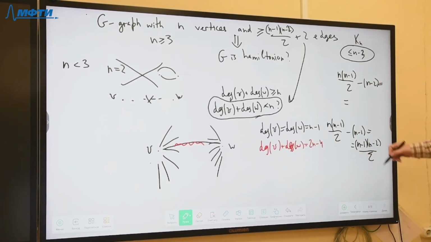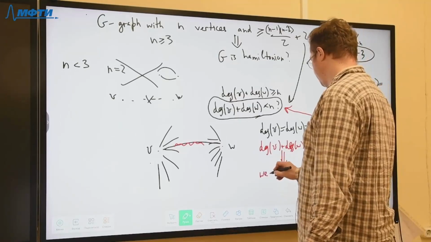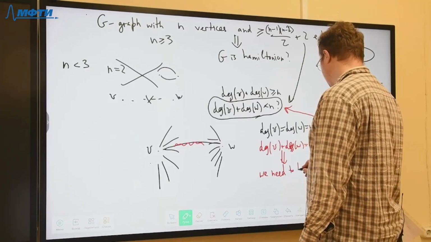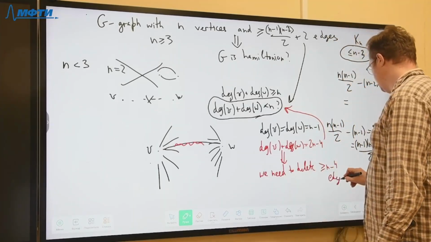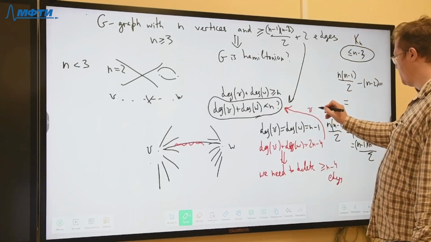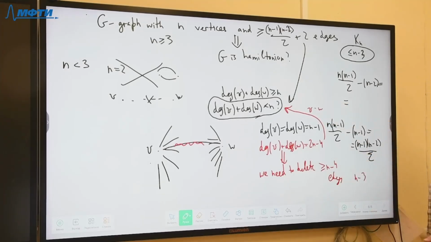And so to get this, we need to cut at least n minus 4 edges. Yes? Plus the edge between them will be exactly n minus 3 edges. So something like here, we need to delete.